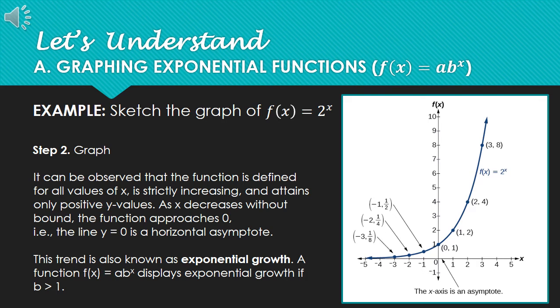So, habang pababa naman ng pababa yung value ng x natin, yung f of x is approaching 0, but it will never touch 0. So, we can say that the horizontal asymptote for this function is line y equals 0. So, yan. This trend is also known as exponential growth.